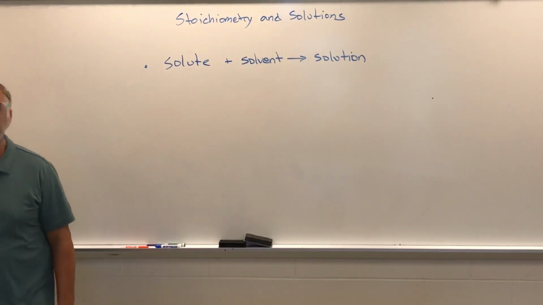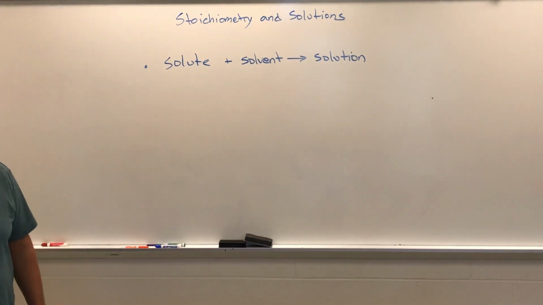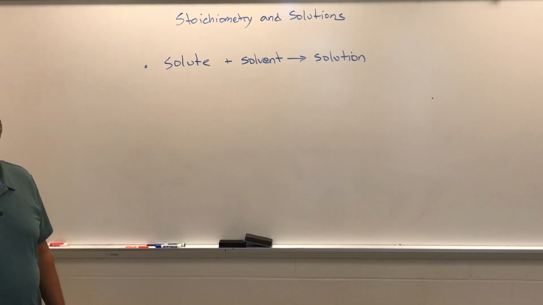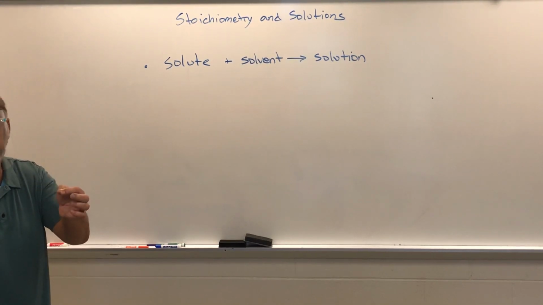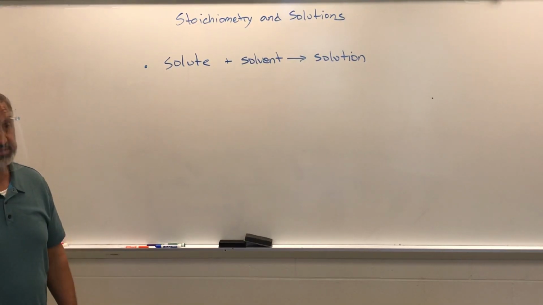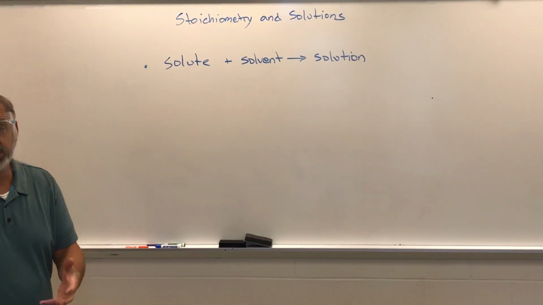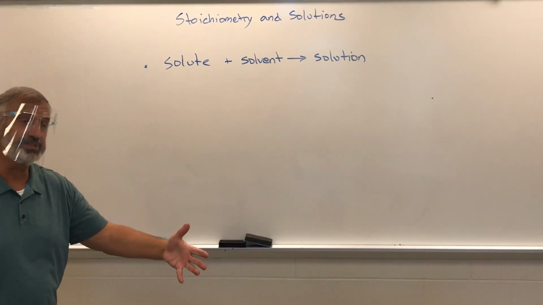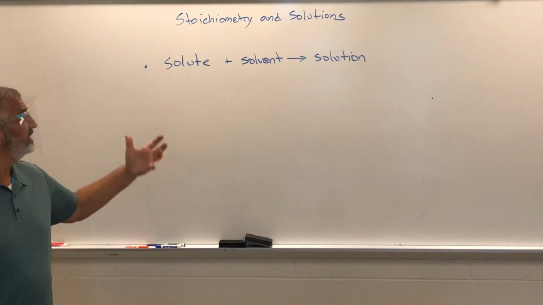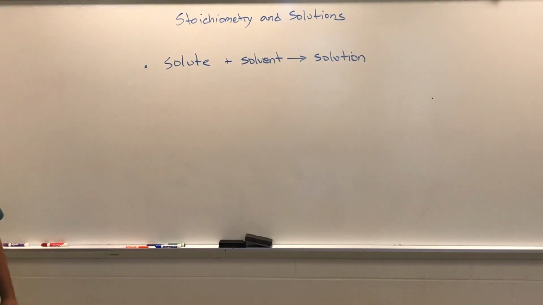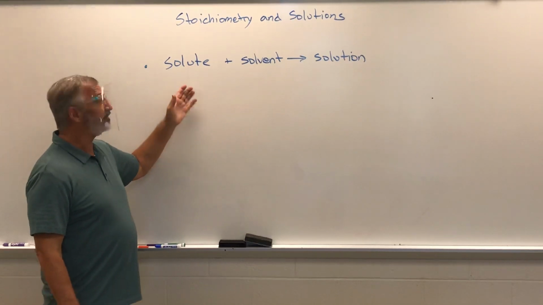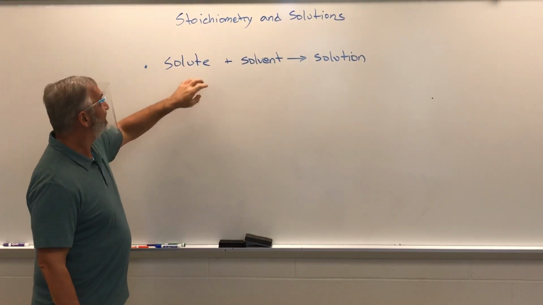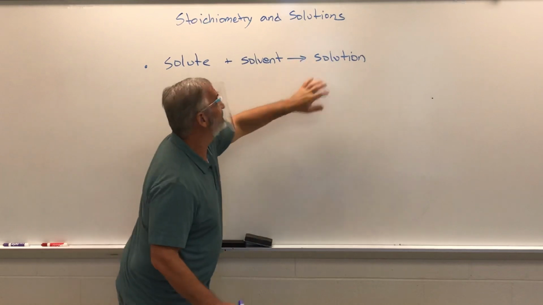If I put sugar into water, sugar is the solute, water is the solvent. The thing you're dissolving is the solute, what you're dissolving it into is the solvent. Together, they make a solution. Later, we'll talk about the different ways it dissolves and the whole dissolving process. But for right now, we're going to be measuring the solute and the solvent going to a solution.